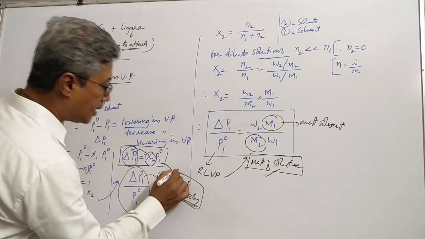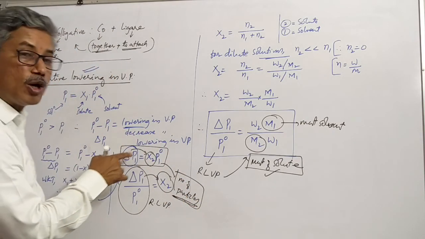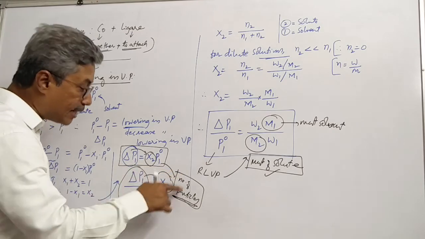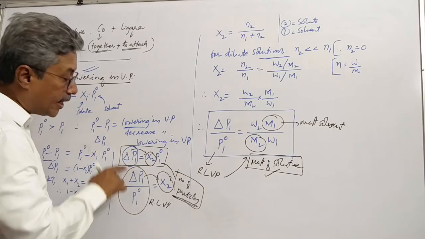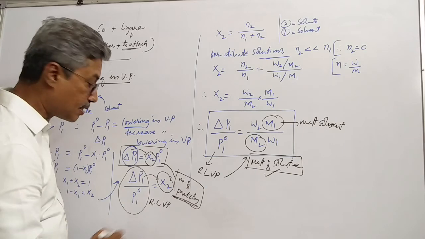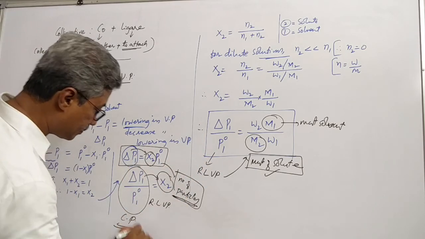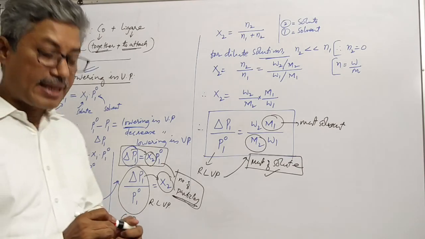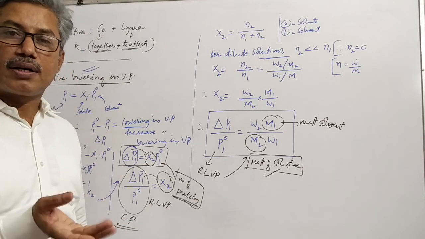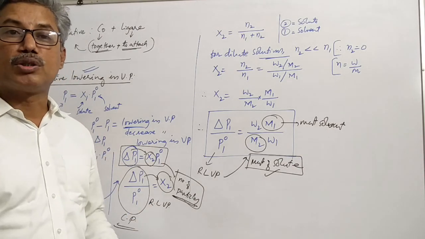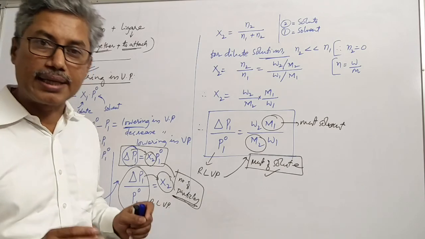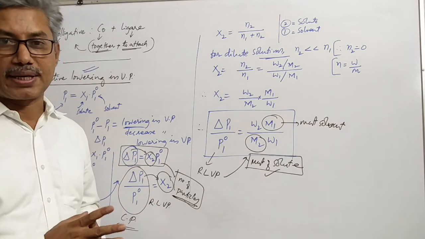That means whether it is lowering in vapor pressure or relative lowering in vapor pressure, these values depend only on the number of particles. Hence, both are colligative properties. Clear?